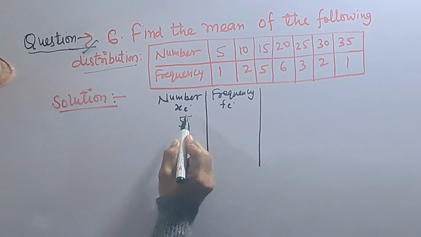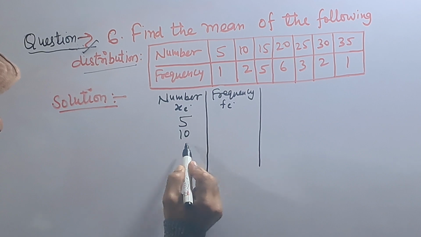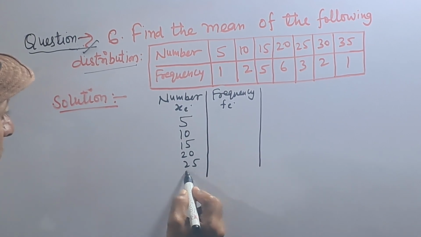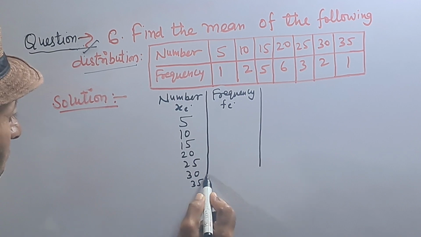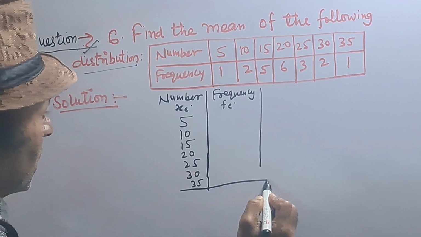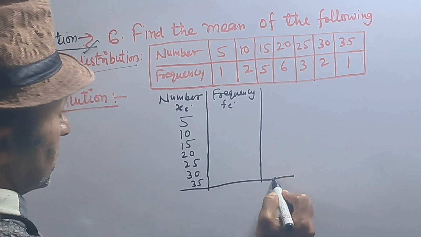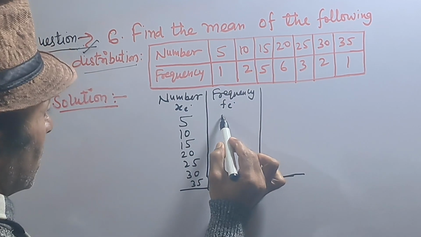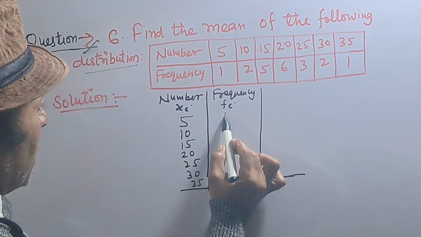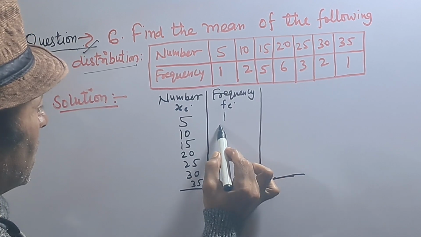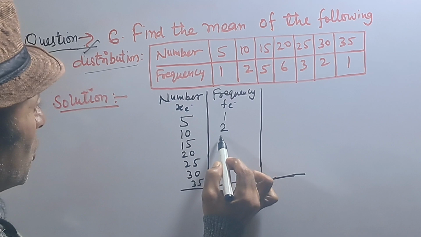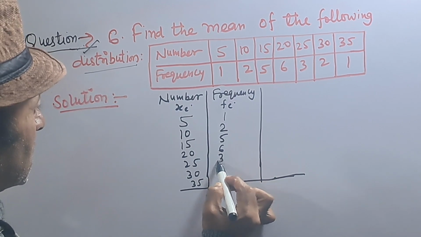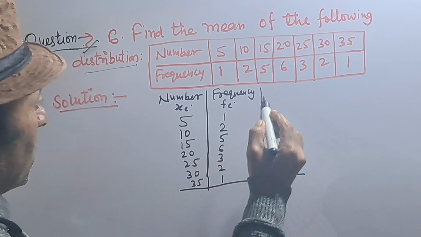Five, 10, 15, 20, 25, 30, 35. And frequency is 1, 2, 5, 6, 3, 2, 1.